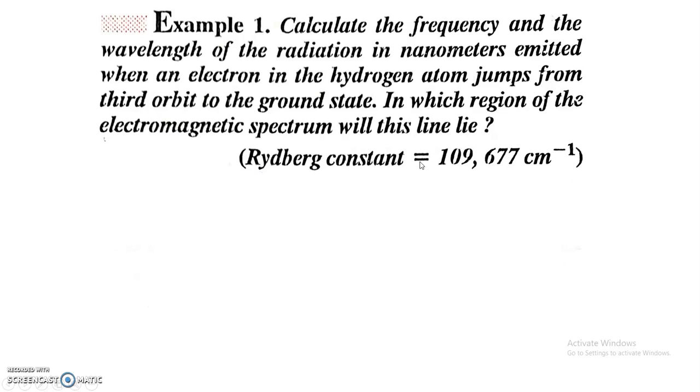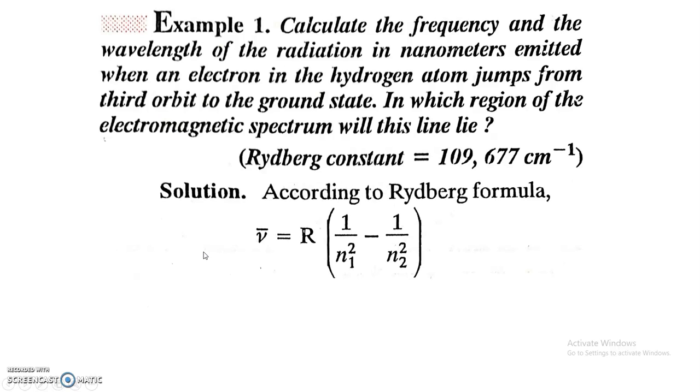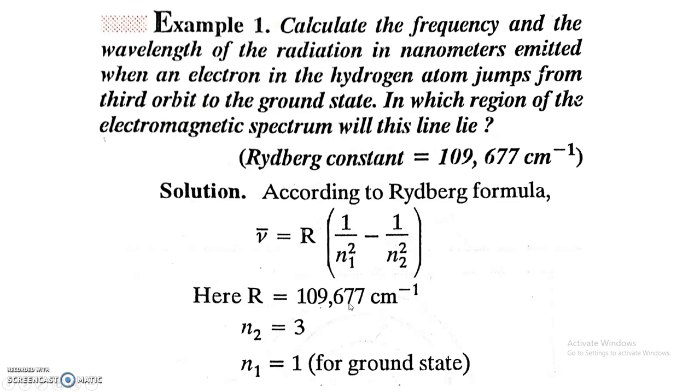Rydberg constant is given as 109,677 per centimeter. Now here the Rydberg equation is nu bar, that is wave number, equal to R into 1 upon n1 square minus 1 upon n2 square. Now the Rydberg constant is given.